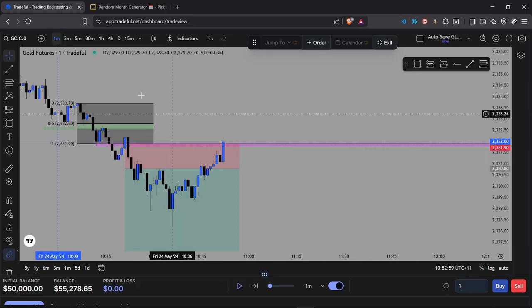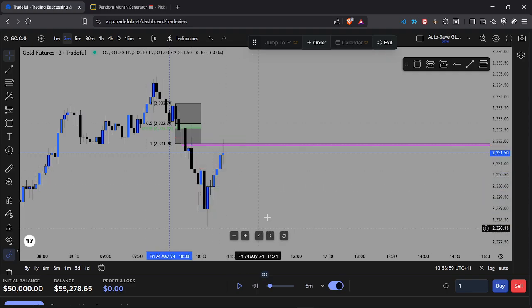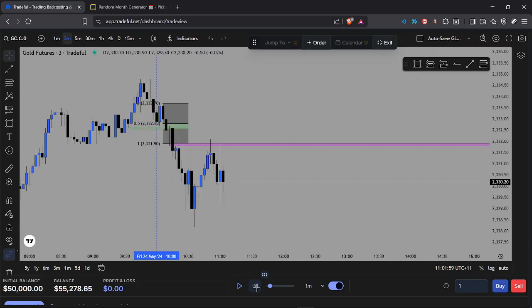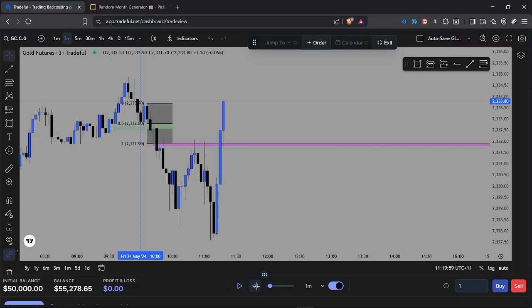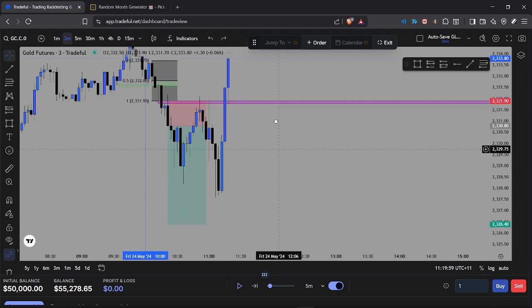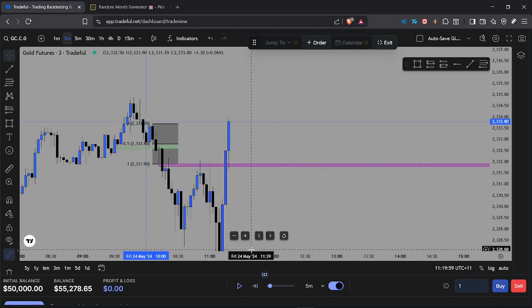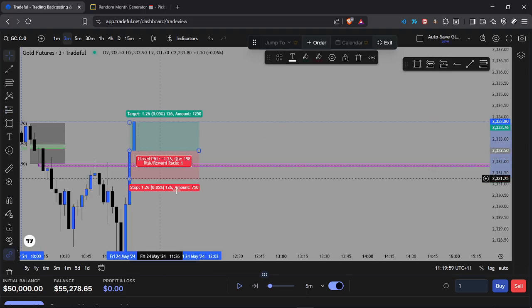51, so should we go to one more candle? Wait, it didn't, yeah, it didn't, okay. So say this should have been the setup, right?